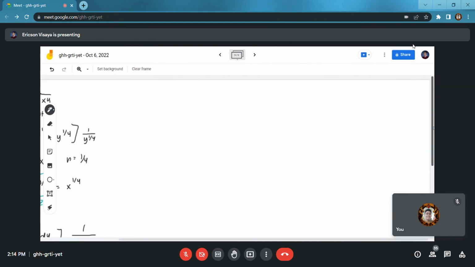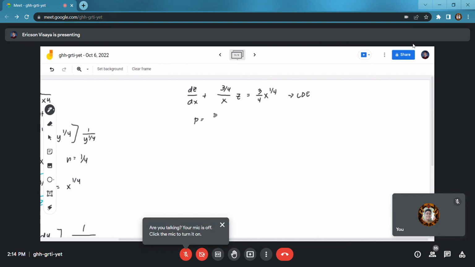And LDE equivalent natin, meron tayong dz over dx plus ang ating 3/4 all over x z is equal to 3/4 x raised to 1/4. Next natin, identify na natin ito. Nasa LDE na tayo. So, ang P natin ngayon is equal to 3/4 all over x. Then, meron tayong Q, which is equal to 3/4 x raised to 1/4.